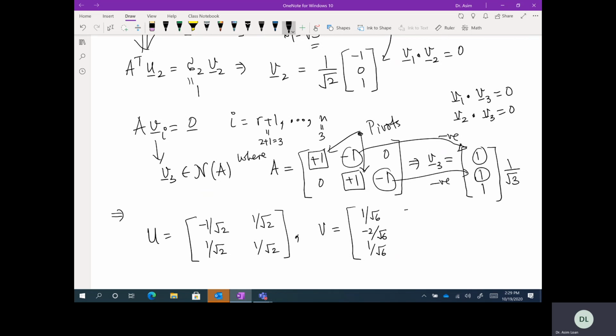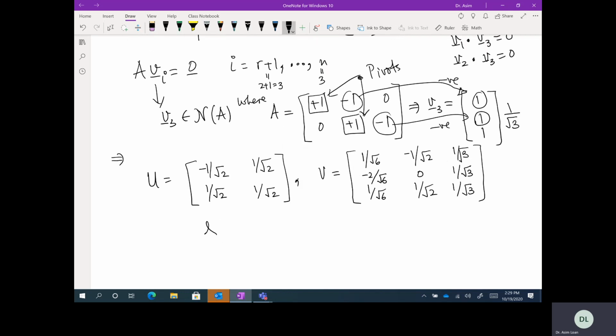V2 is minus 1 over root 2, 0, 1 over root 2, and finally I have 1 over root 3, 1 over root 3, 1 over root 3. And sigma, I already told you, is 2 by 3, so this was under root 3, 0, 0, 1, and this was 0, 0, right?